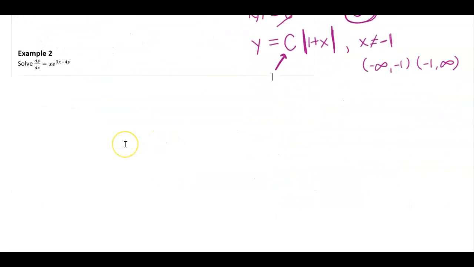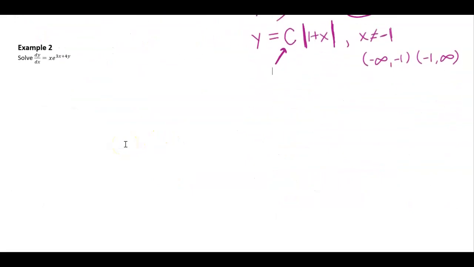All right, let's look at example 2. This is the one that was given in the example, non-example piece. So again, I'm going to rewrite this as dy dx equals x times e to the 3x times e to the 4y.